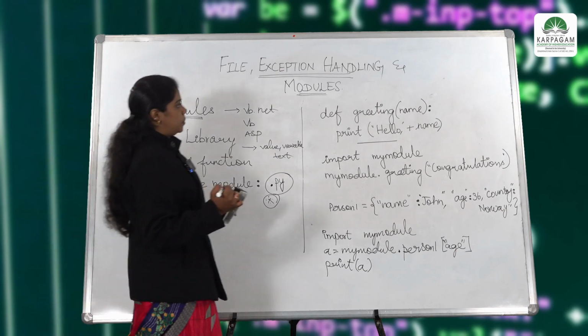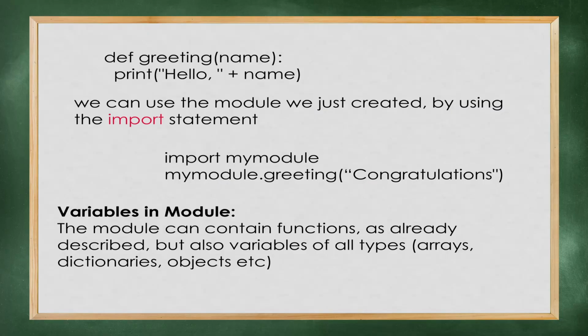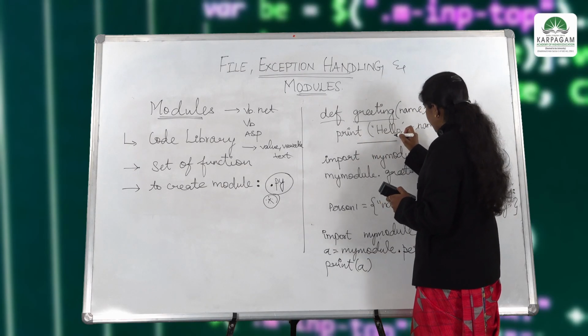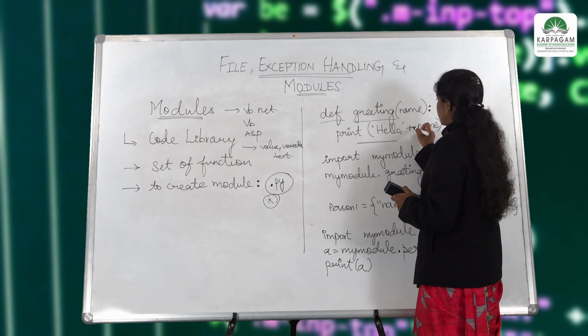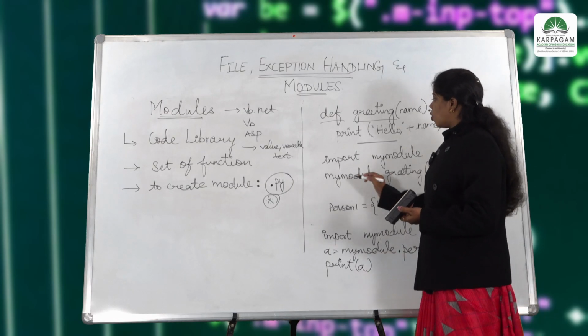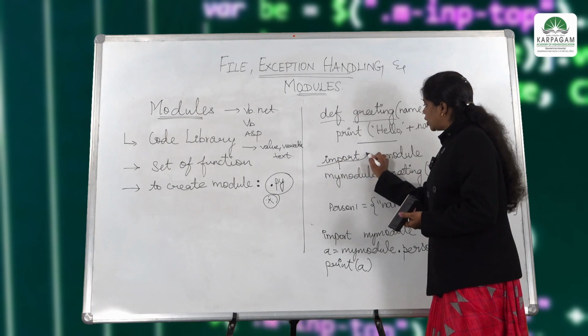Let's see an example. I am defining a function for my module. So def greeting(name), and I am printing "Hello" along with the name. To use a module, we must import the module.